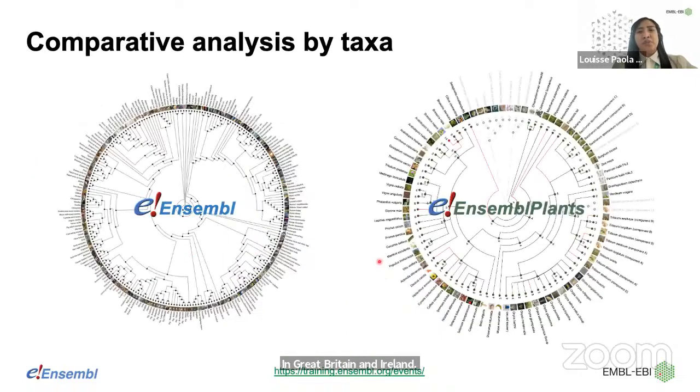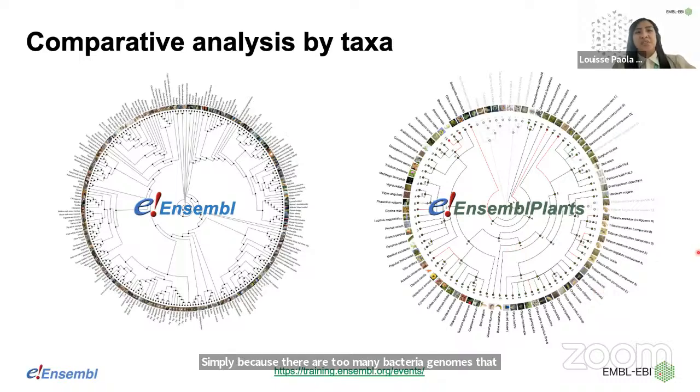In Ensembl, we perform comparative genomic analyses by taxa. So this means that we compare all vertebrates against one another. We compare all plants against one another, all metazoa against one another, and so on. We don't do these on the bacterial species simply because there are too many bacterial genomes that we have in Ensembl.